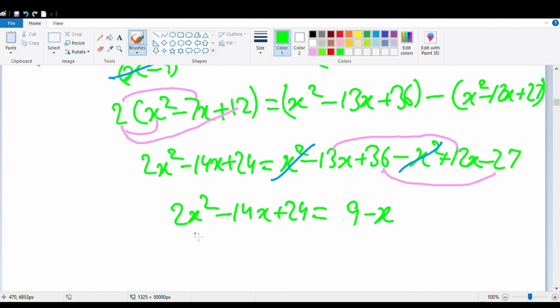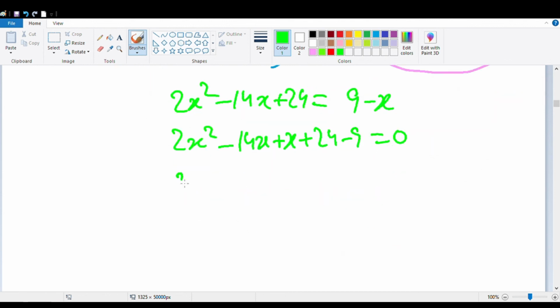So 9 minus x. Let's send 9 minus x to the left-hand side. So we get 2x squared minus 14x plus x plus 24 minus 9 is equal to 0. So we get 2x squared minus 13x plus 15 is equal to 0.